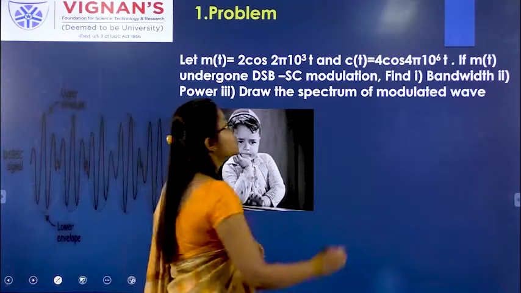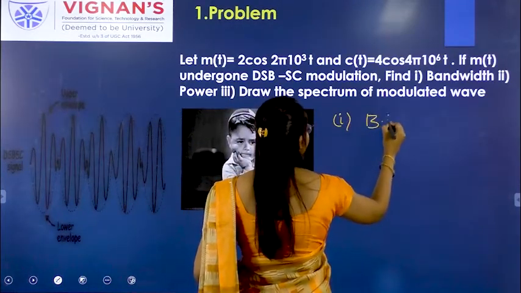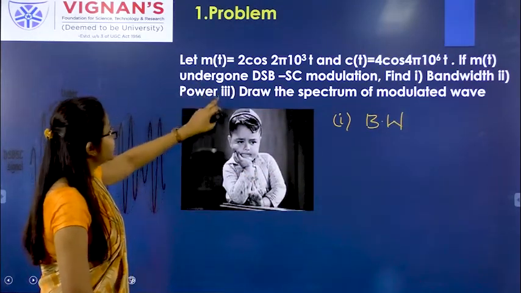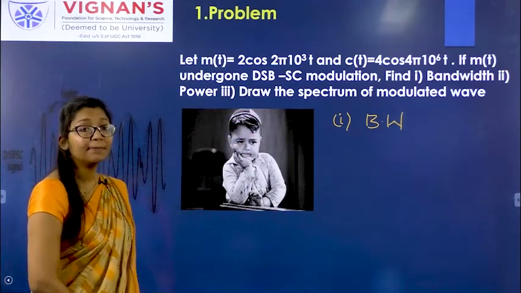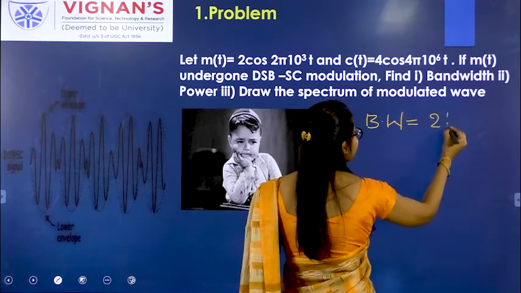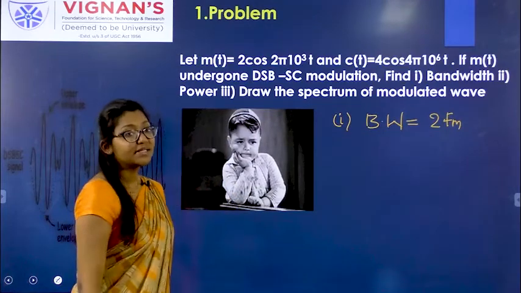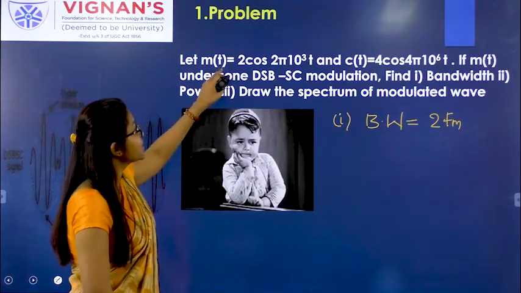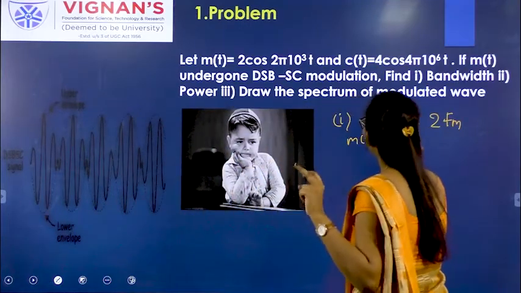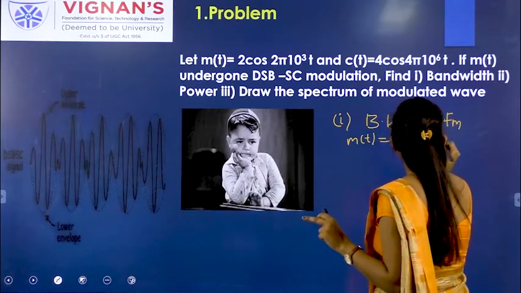The first one they gave is bandwidth. So what is the bandwidth of DSB-SC? The bandwidth of DSB-SC is 2 fm, that is 2 into the message signal frequency. What is the message signal here? m of t equals Am cos 2 pi fm t.